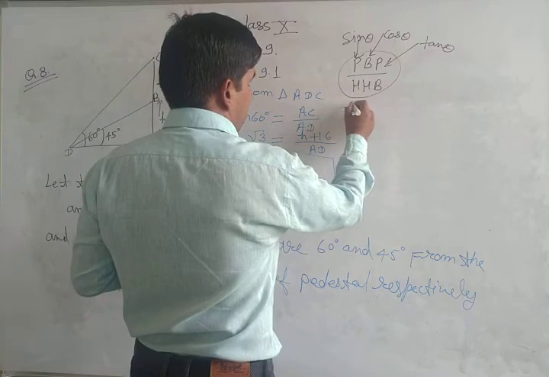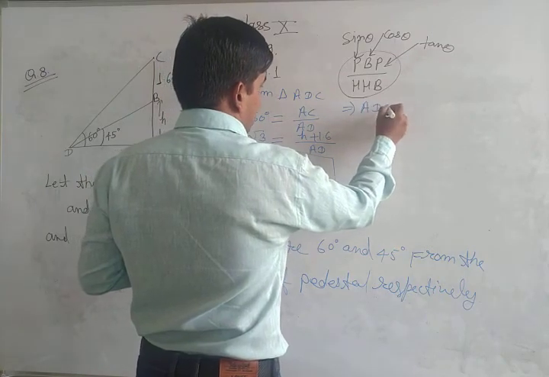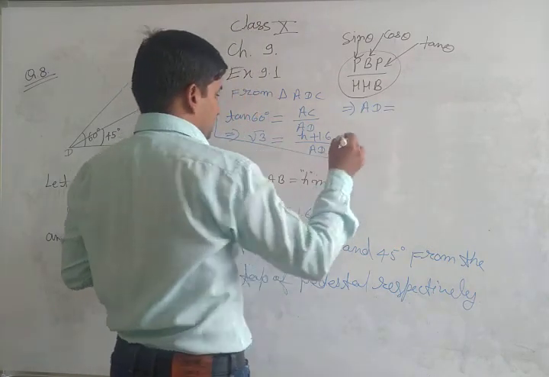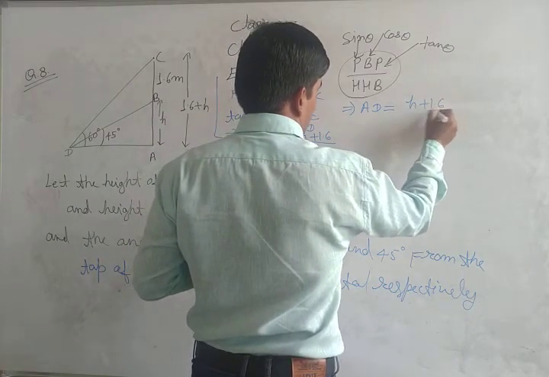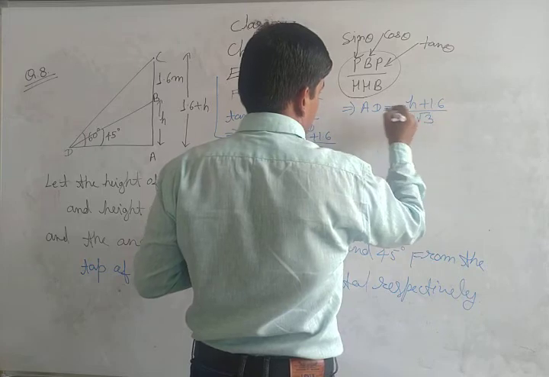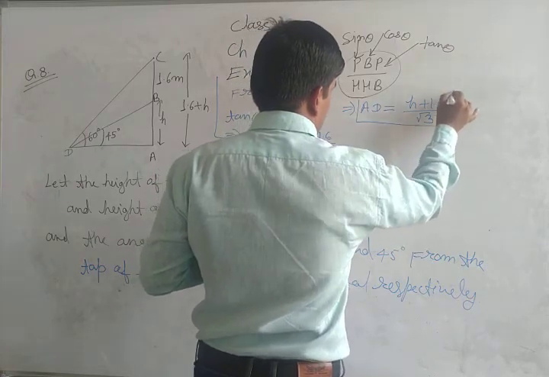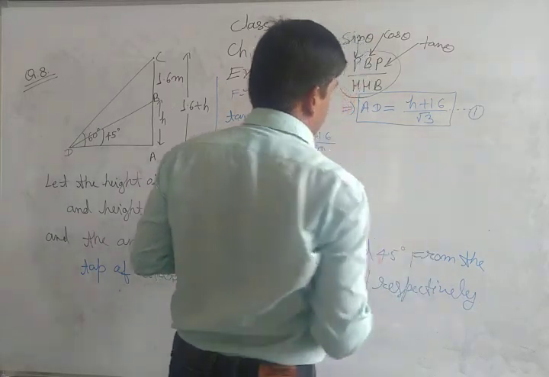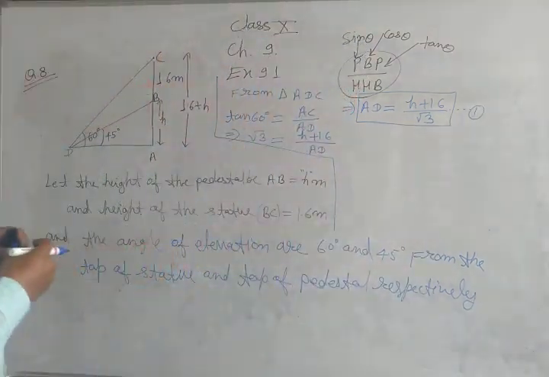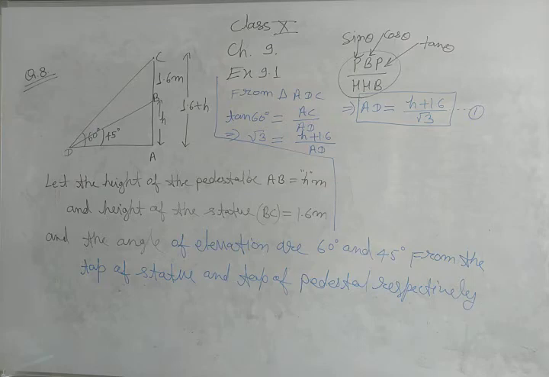This implies AD equals h plus 1.6 upon √3. This is your equation number 1, AD equals h plus 1.6 upon √3.